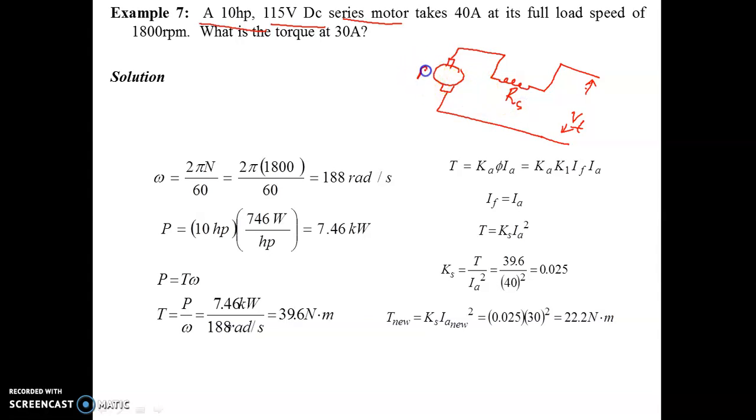Here the armature resistance will be there, but the motor takes 40 ampere at full load, at a speed of 1800 rpm. This motor is running at 1800 rpm.